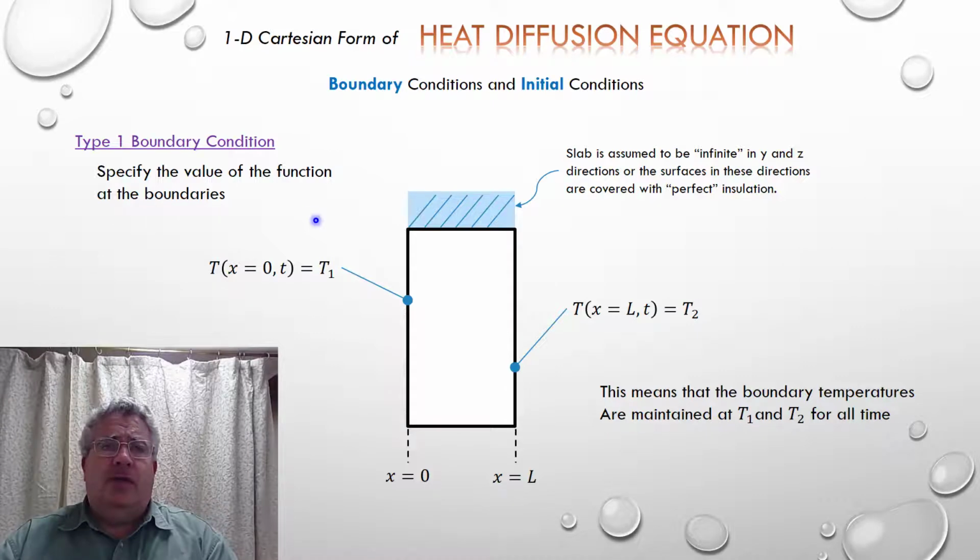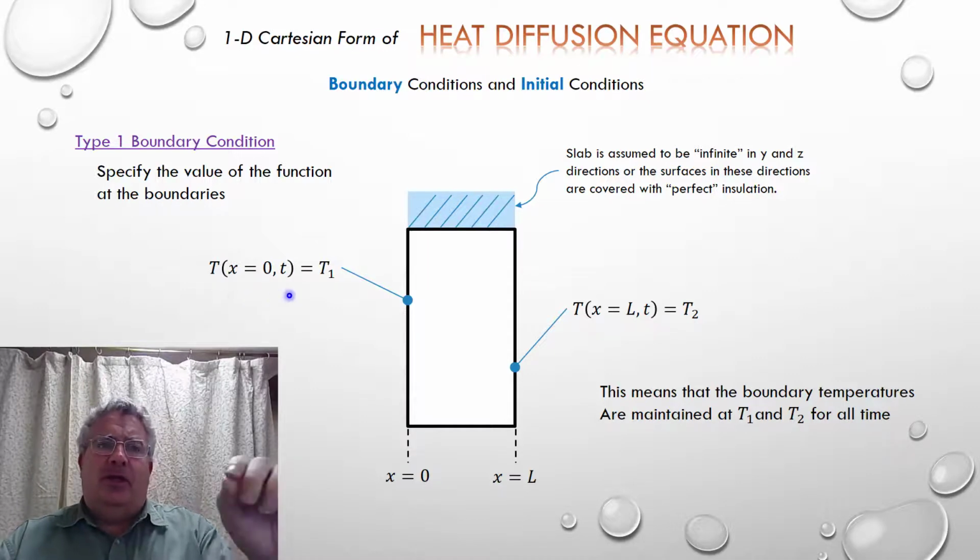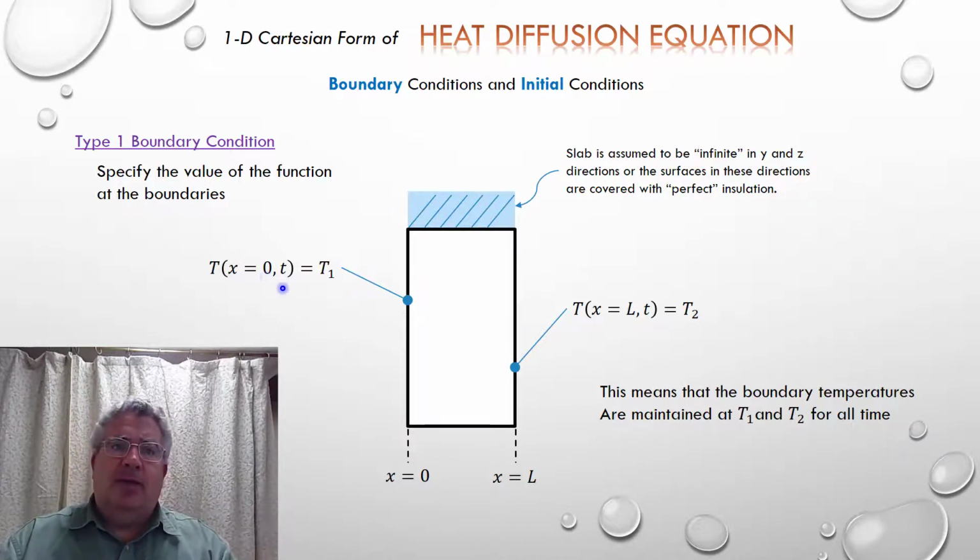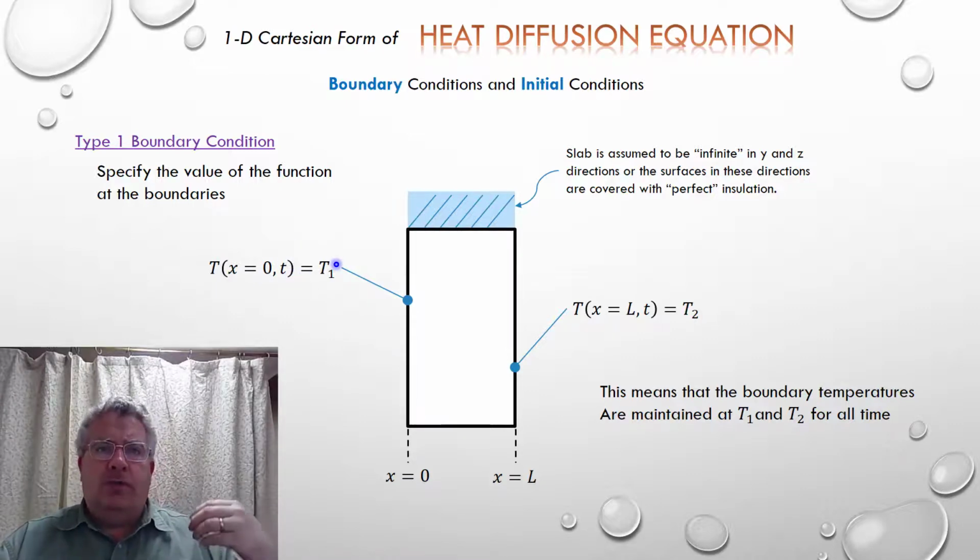So if I somehow have some mechanism to keep the left-hand wall at some value T1, so x equaling 0 for all time, then T as a function of x and time equals T1, evaluated at x equaling 0. That's my left-hand boundary, and it's going to be T1 for all time.